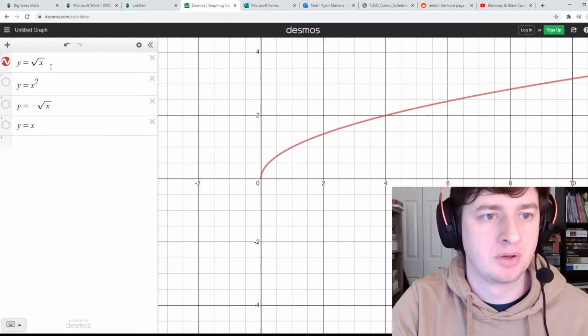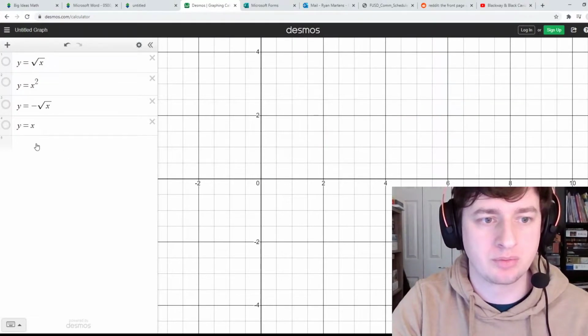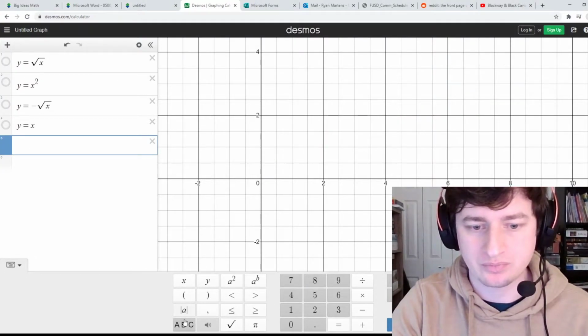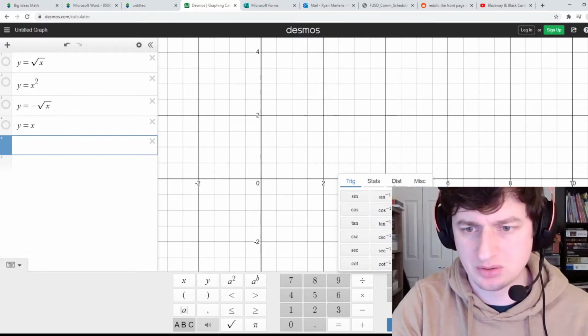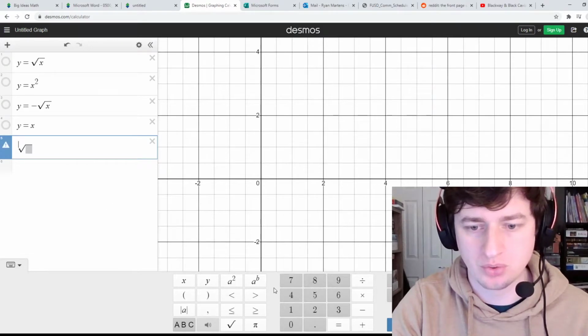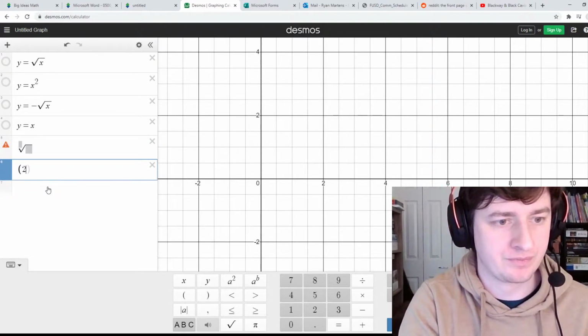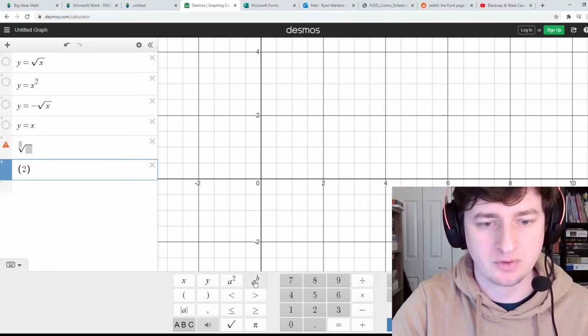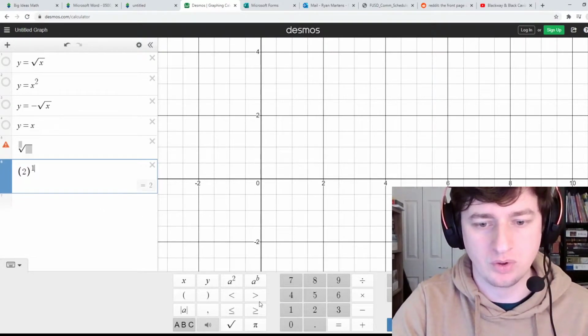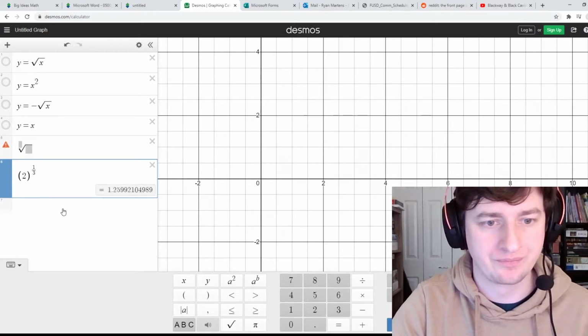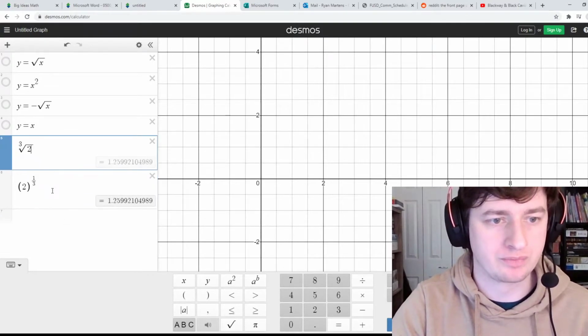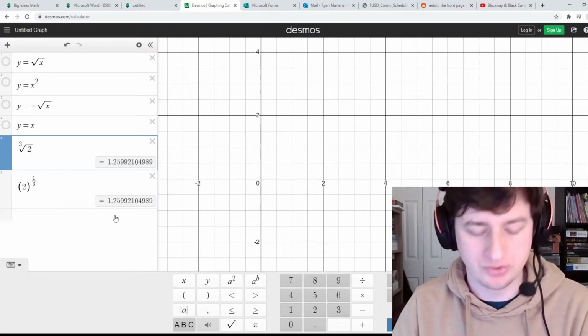This is my old stuff. We're not worried about that. We just want to know what the cube root is. So I think the easiest way, I mean, you can go and find the cube root function, or you could do 2 to the 1 over 3. Or you do the cube root of 2. So 1.259.